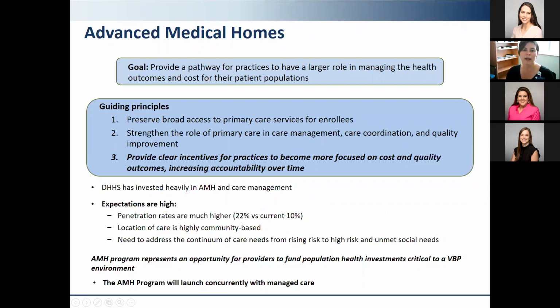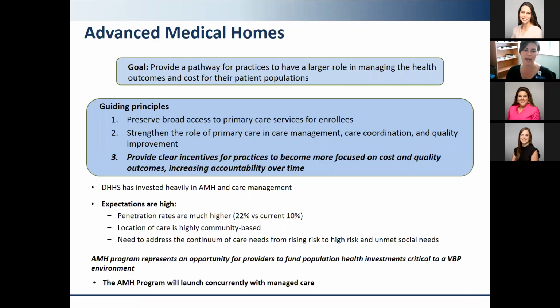Here's just a reminder of the vision of the Advanced Medical Home model. The goal of the model really is to provide a pathway for practices to have a larger role in managing their health outcomes and cost of their members. The program is guided by specific principles to preserve the broad access to high-quality primary care in North Carolina.